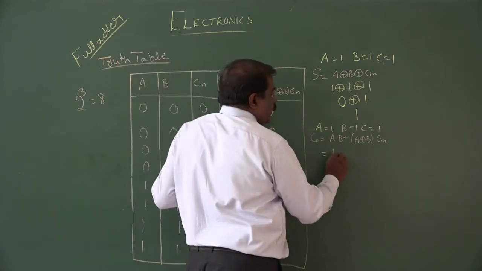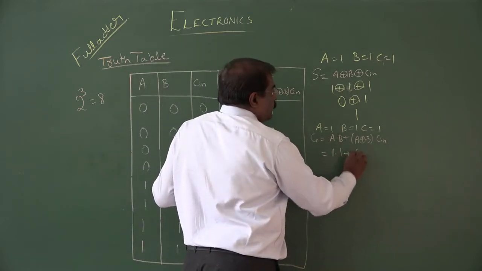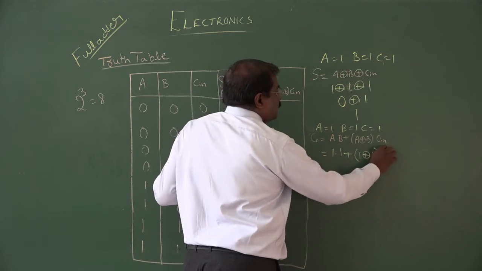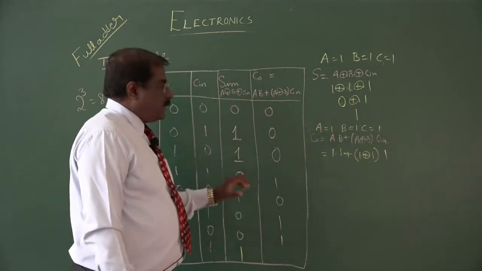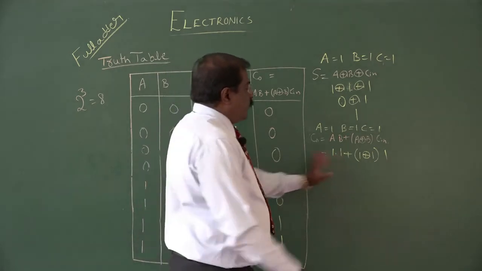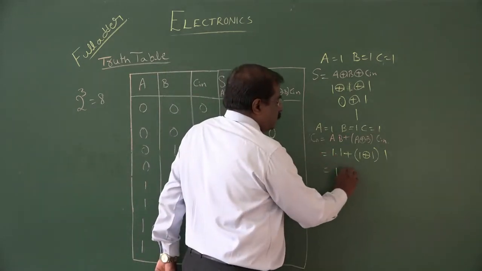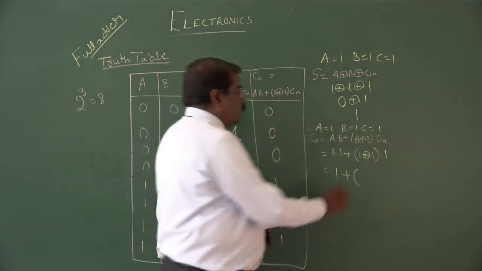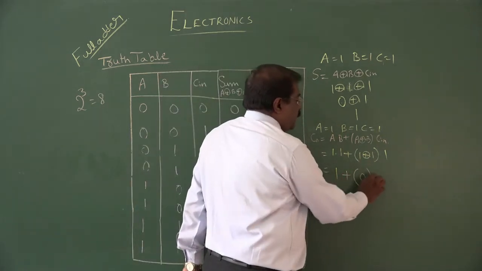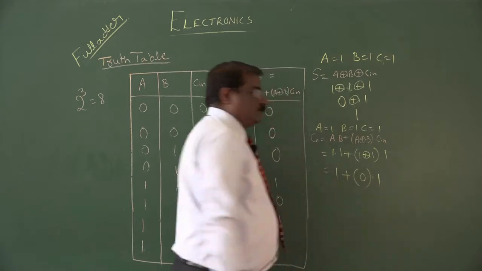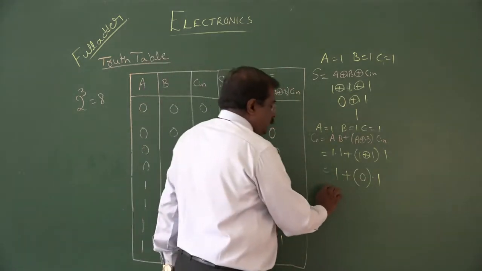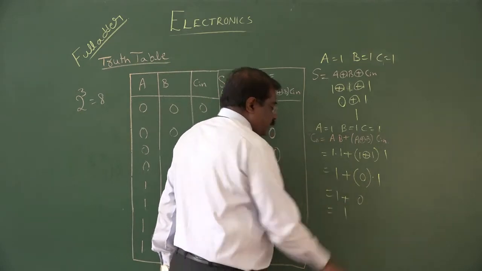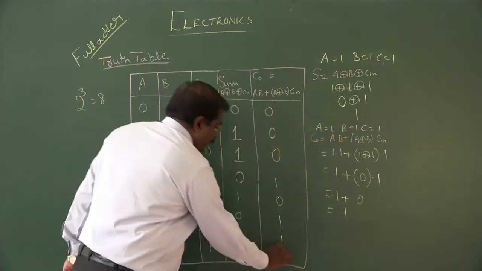So A is 1, B is 1, 1 XOR 1, C is 1. Okay. Now 1 into 1 according to the AND function, 1 plus 1 XOR 1, similar input, the output will be 0 into 1. So 1 plus 0 into 1, 0, that fetches you 1, hence the carry will be 1.